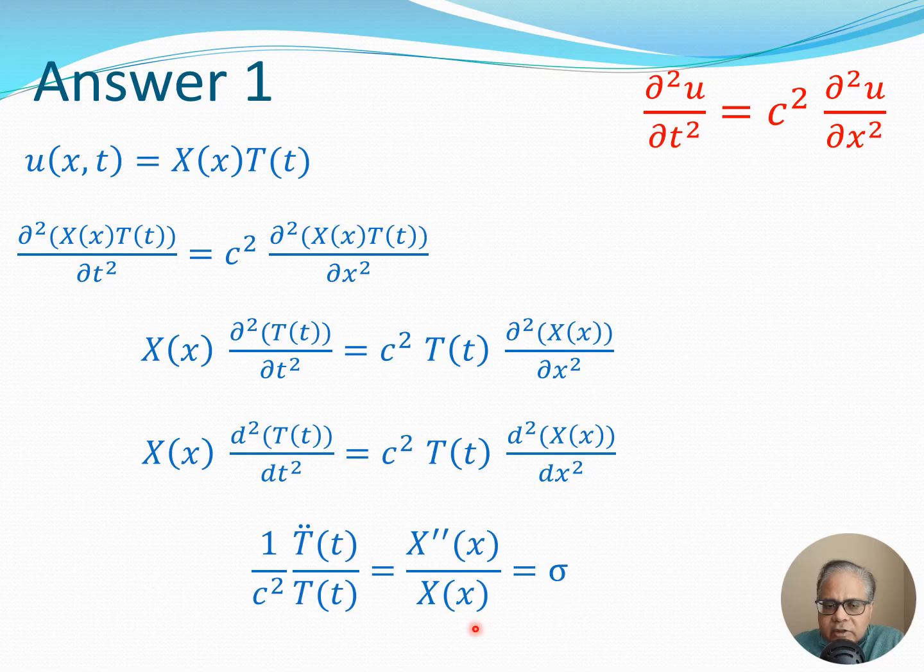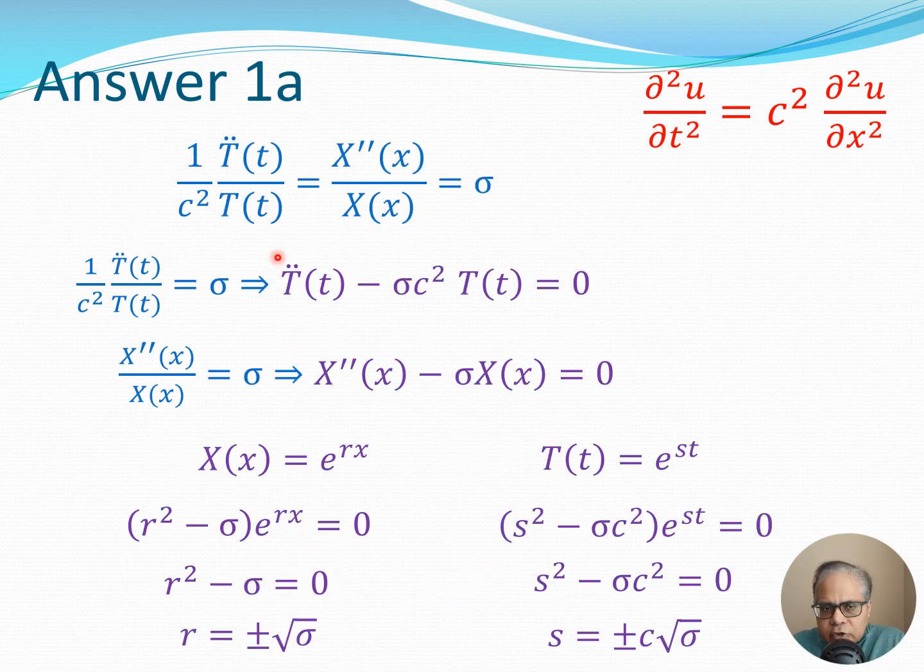Let's try to solve this equation in the next slide. I rewrote that equation here, and now I can immediately write two differential equations which you see here in purple. One of them is with respect to time and the second is with respect to space, that is x.